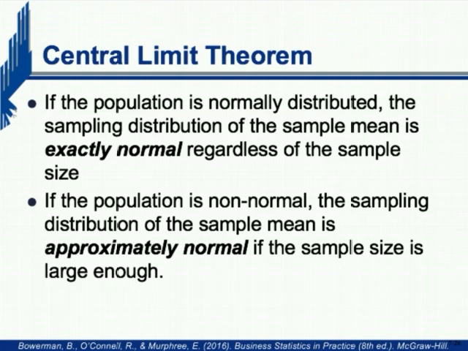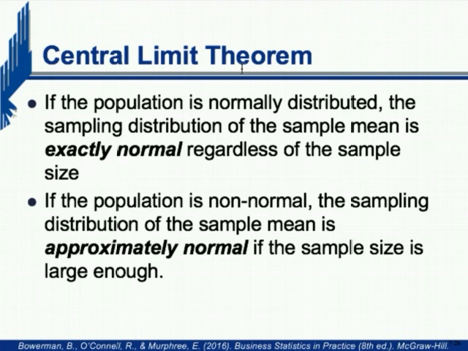Now, according to the central limit theorem, if the population of x itself is normally distributed, then regardless of the sample size, if your sample size is small or large, the sampling distribution of the sample mean will be exactly normally distributed, which means that the graph of the sampling distribution of the sample mean will be bell-shaped and symmetrical.